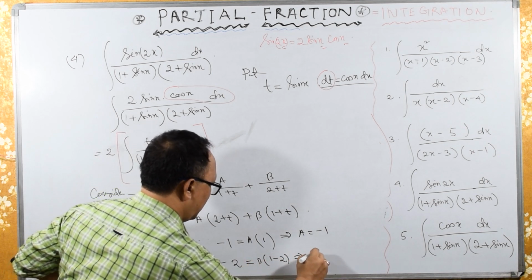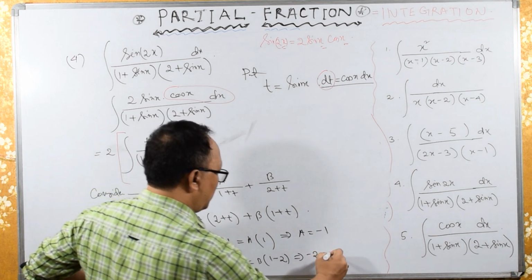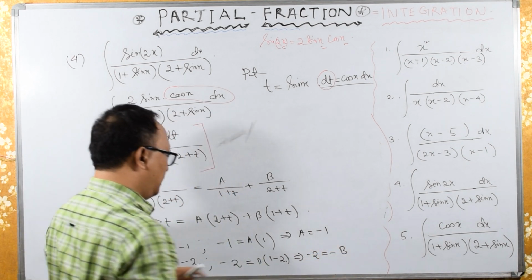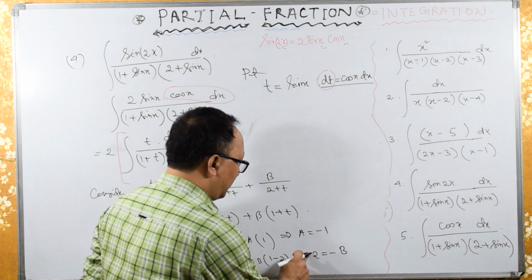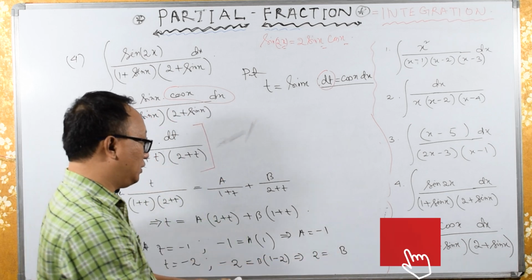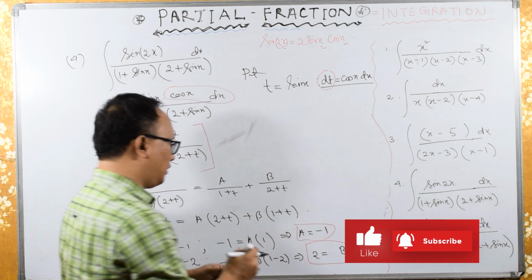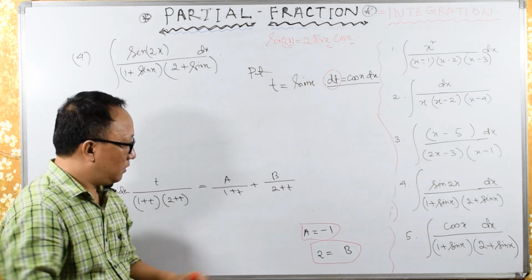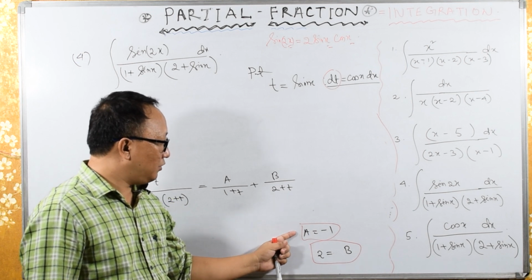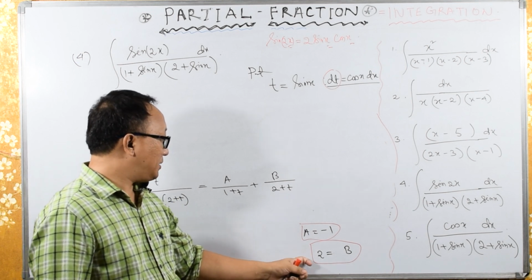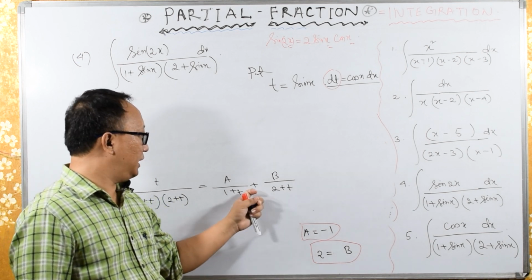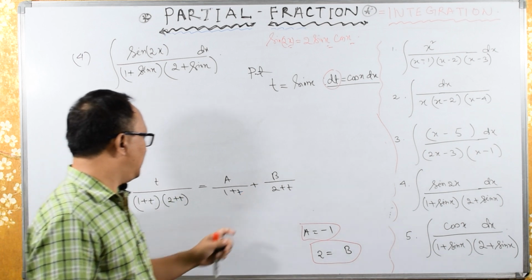This implies minus 2 equals minus b, because the minus 1 gets cancelled. So b equals 2. Here I am having a equals minus 1, b equals 2. Now we have the values of a and b. Substituting this a and b over here, after that we need to integrate.